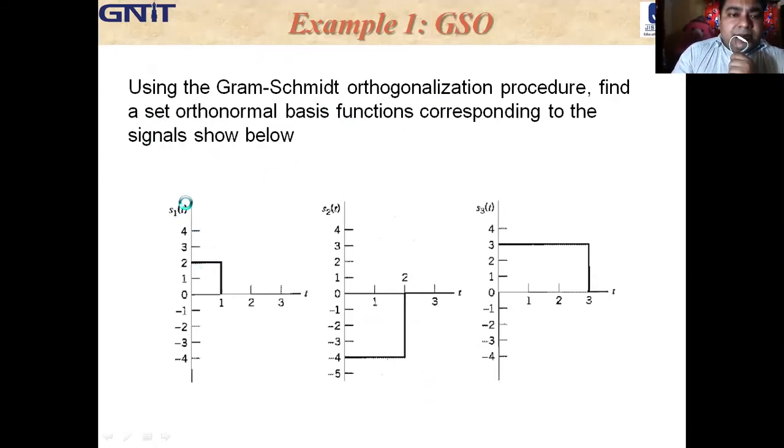The first signal s1(t) has an amplitude of 2 units and time period 0 to 1. Similarly, 3 signals are given, which are represented as s1(t), s2(t) and s3(t).